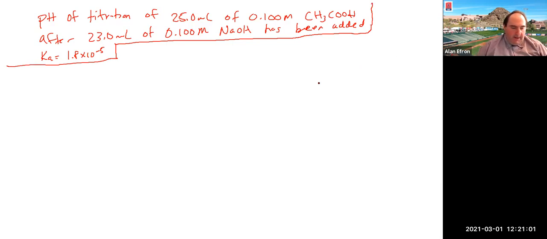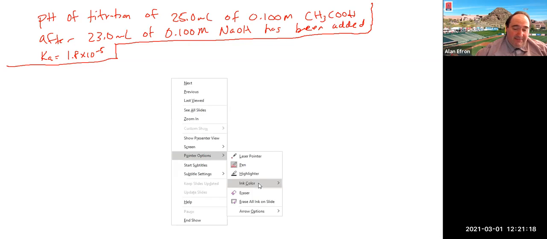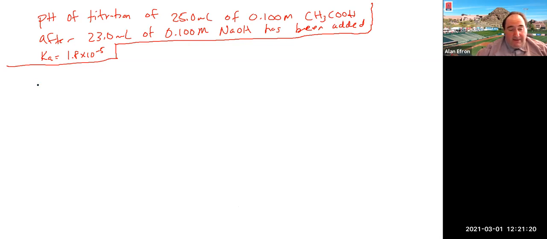All right, so obviously if you're given this as a standalone problem, a couple of things you want to think about: I do see a Ka value. So that should imply that I'm dealing with a weak acid here, right?